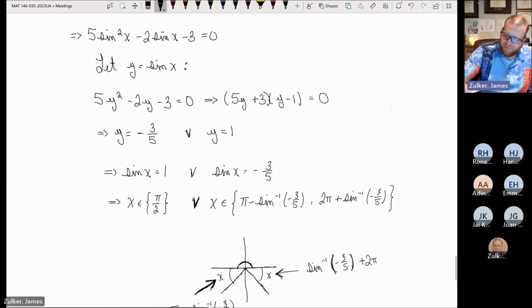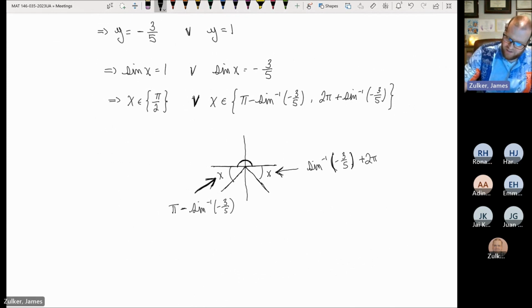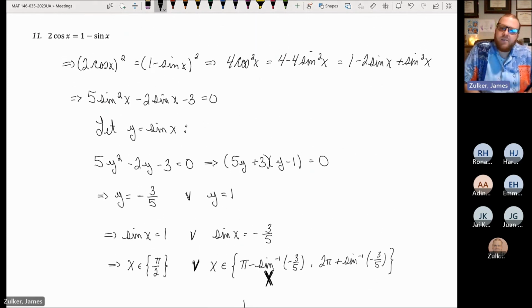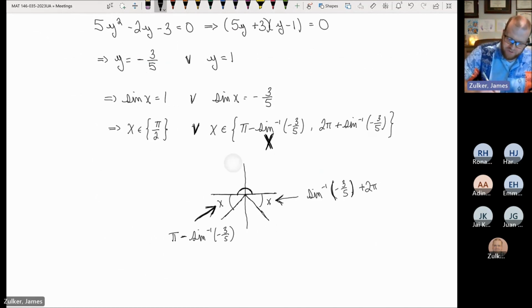You'll get negative equals positive, which is nonsense. Which means this angle right here can't be a solution. Pi over 2 is easy to check. Cosine is 0. Sine is 1. 0 equals 0. Pi over 2 works.